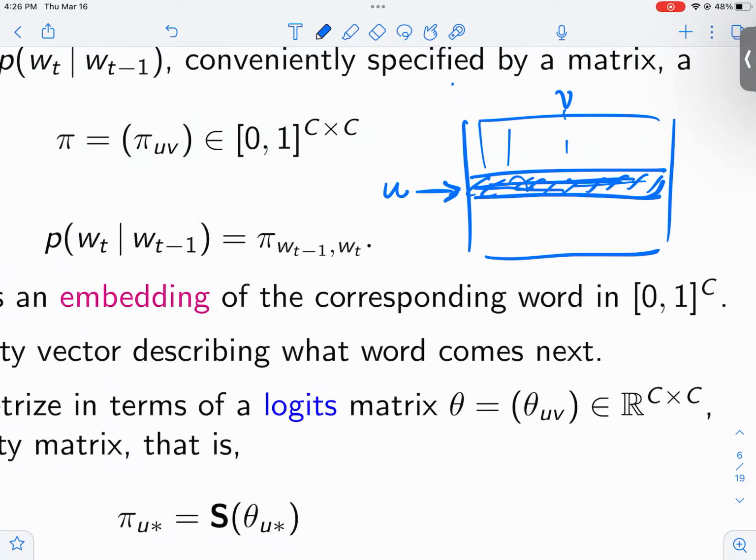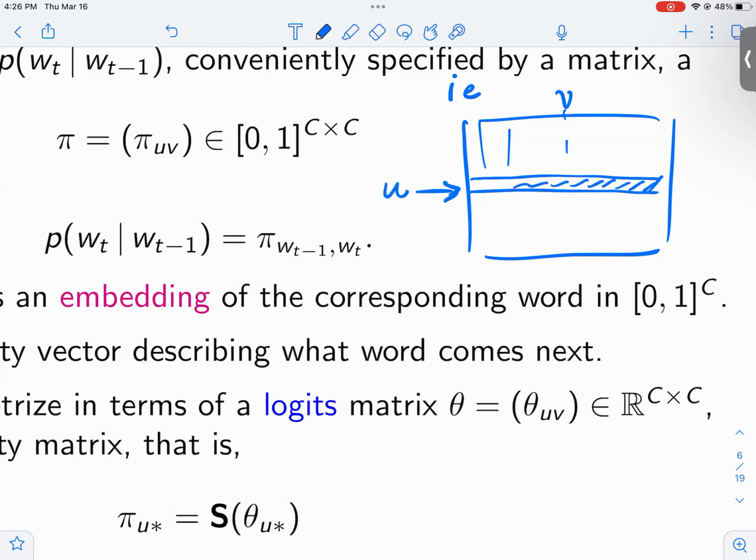For example, for a given letter, maybe the next letter is almost always E. So for E the value would be high and the rest would be smaller. This vector is like a signature of that word as far as the probability of the next word coming. That is what you can think of as an embedding.